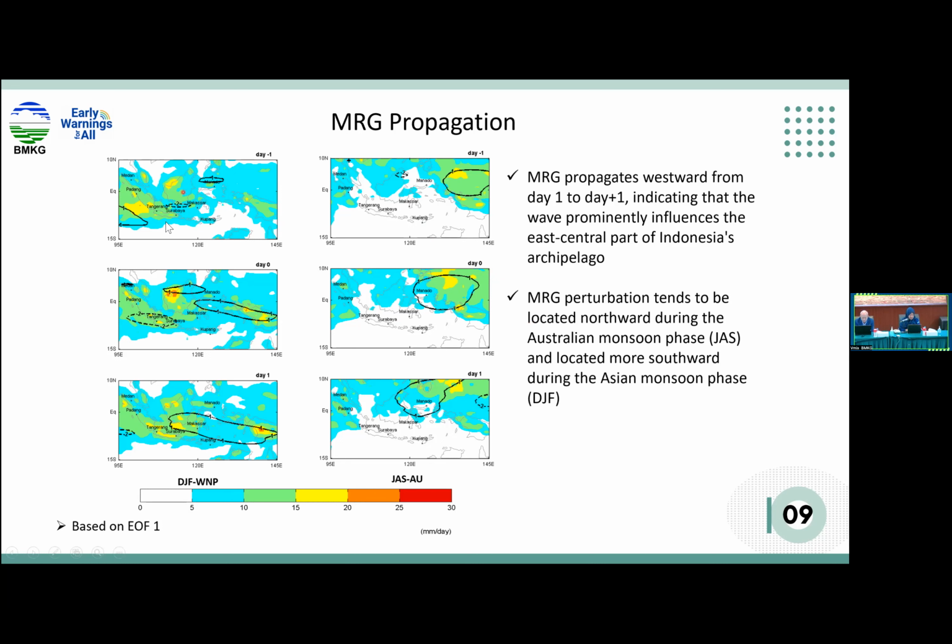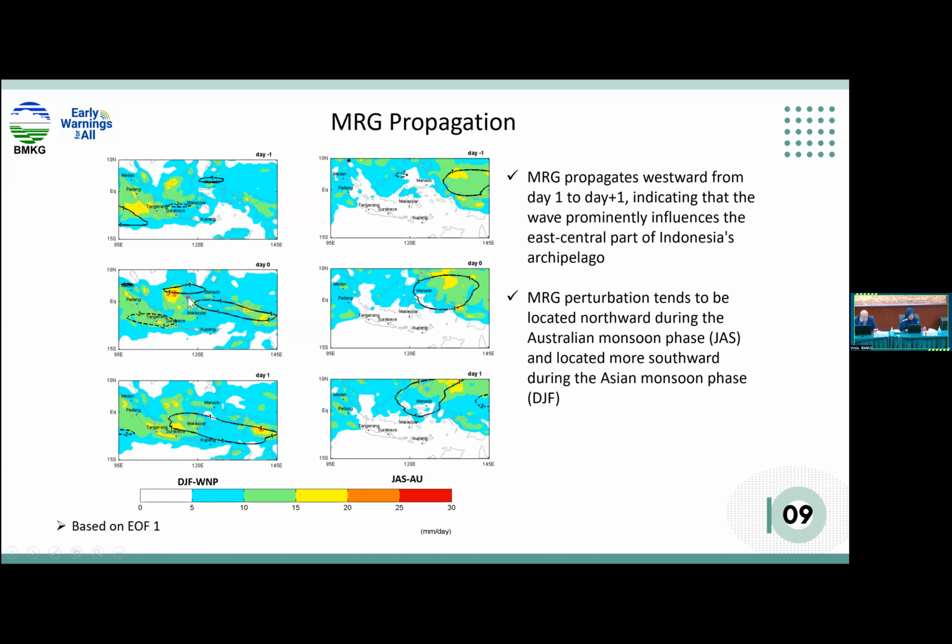It shows that during boreal winter, the Indonesian region is also influenced by the mixed Rossby-Gravity wave, especially in the Kalimantan region. I think it also covers the Malaysia region, and also Sumatra and Java, especially during day zero.